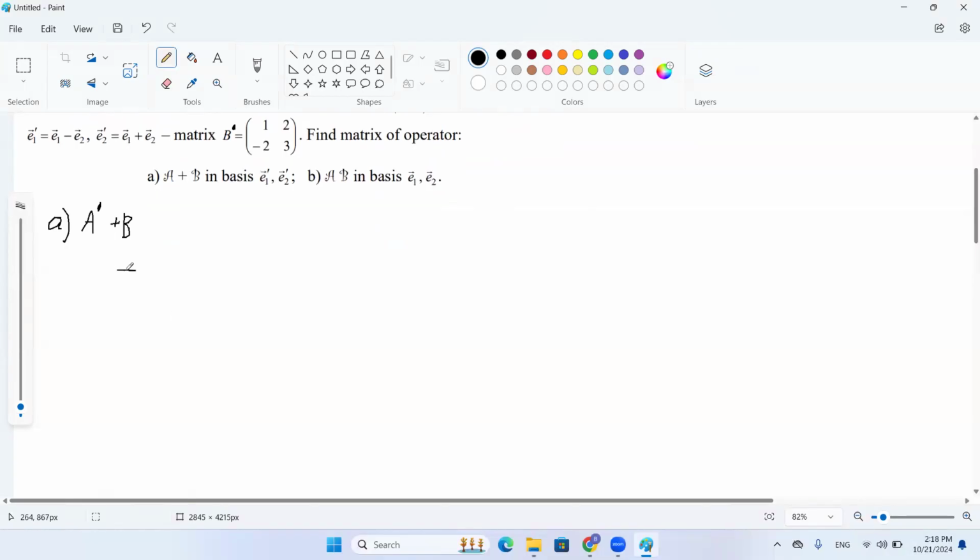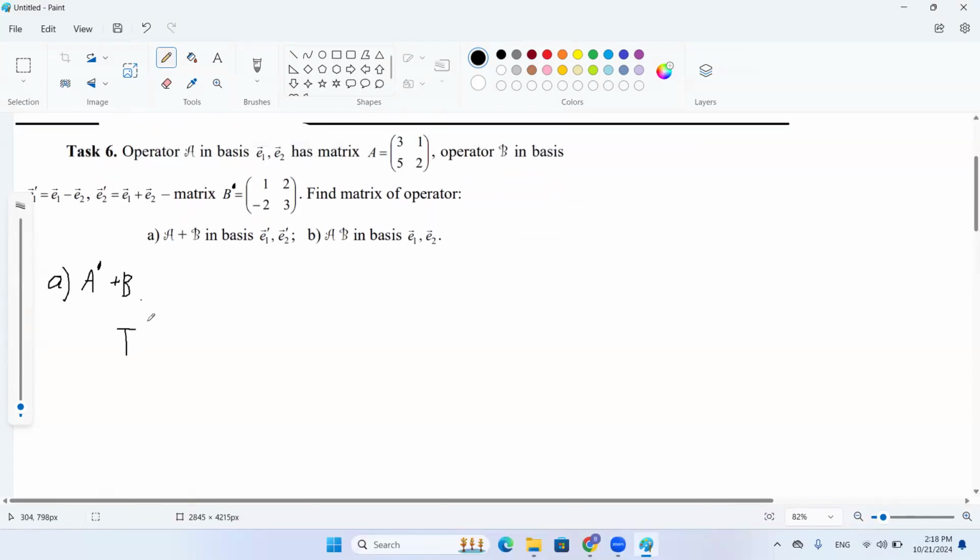So matrix T. First of all, we need to find a transition matrix. So 1, minus 1, 1, 1. And of course, cofactors.